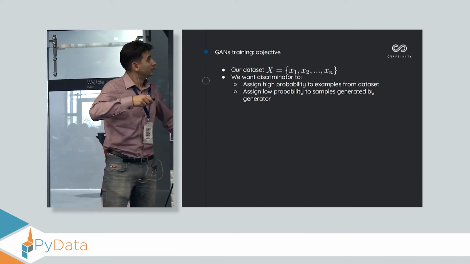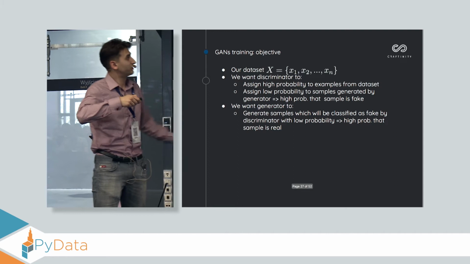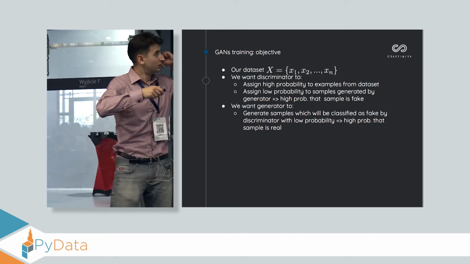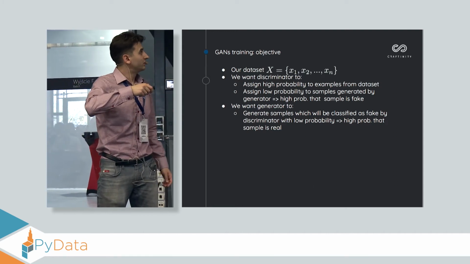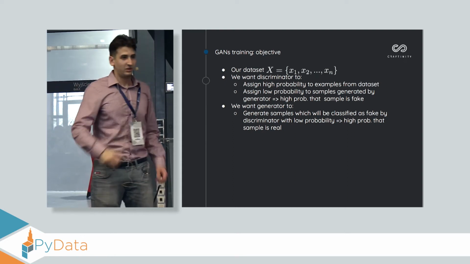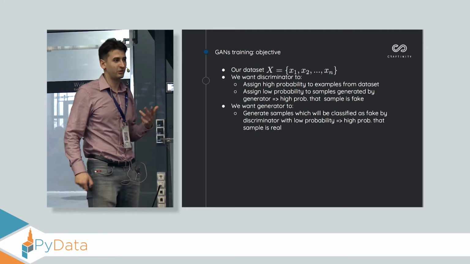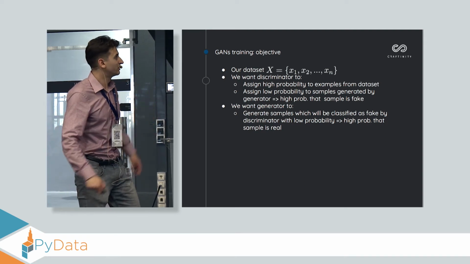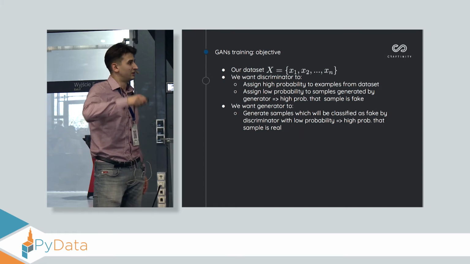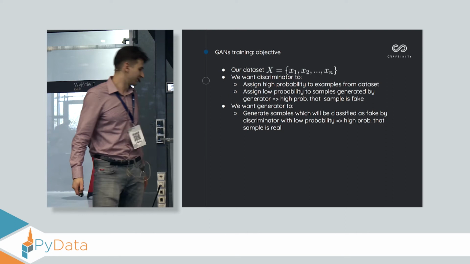When it comes to the generator, on the other side, we want it to generate samples which are so realistic that they fool the discriminator. So on these generated samples, the discriminator will say, okay, this sample is probably real, although it's fake in reality.